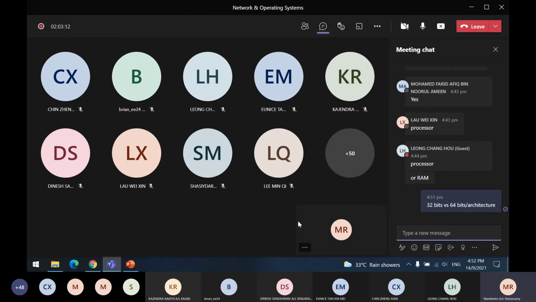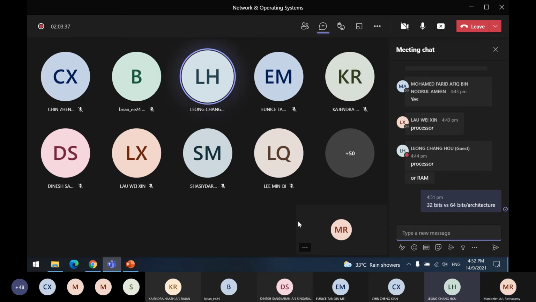Anyone has an answer? Would you like to share now? What's the difference between 32 bits and 64 bits architecture? 64 bits can handle more data at once. Are you referring to memory or CPU?